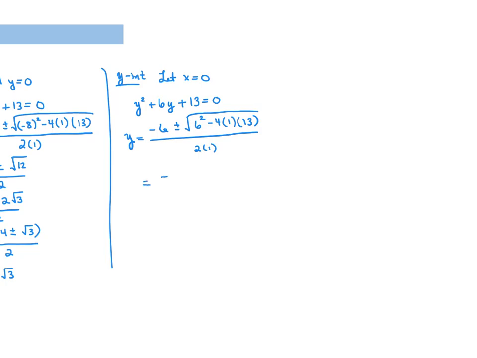So we get negative 6 plus or minus the square root of, that will be 36 minus 52, which is negative 16. And that's all over 2. But we can already stop because we're taking the square root of negative 16. This is not real. So there are no y-intercepts.